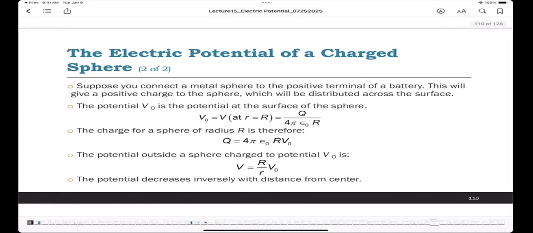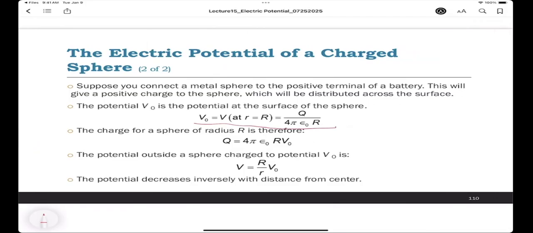Suppose you connect a metal sphere to the positive terminal of a battery. This will give a positive charge to the sphere, which will be distributed across the surface. The potential V0 is the potential at the surface of the sphere. It equals this one.